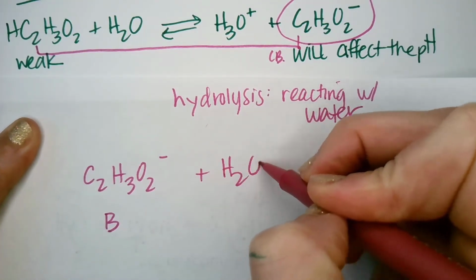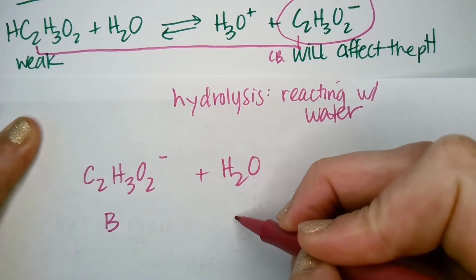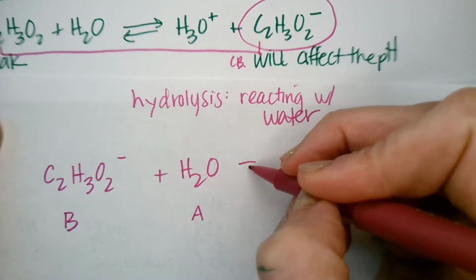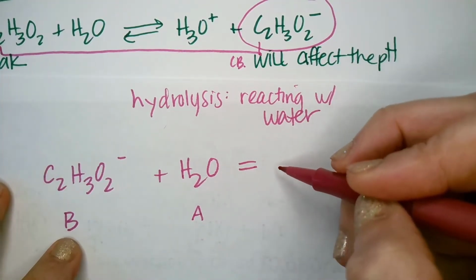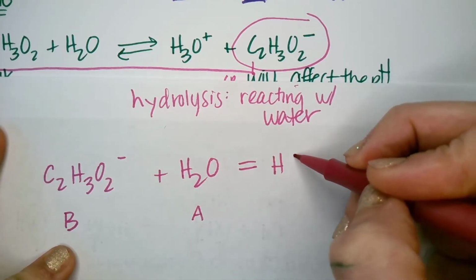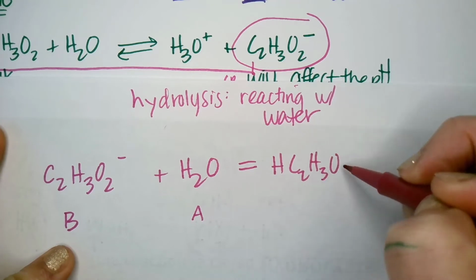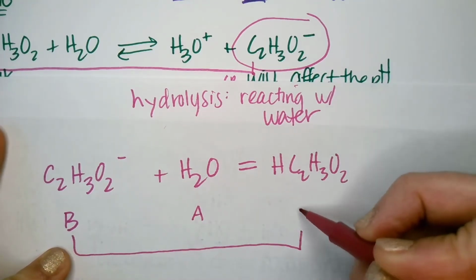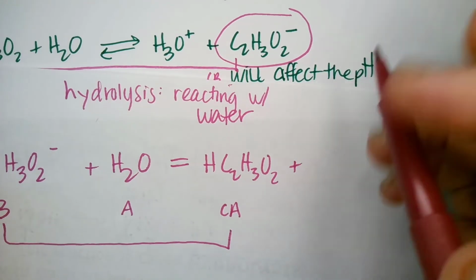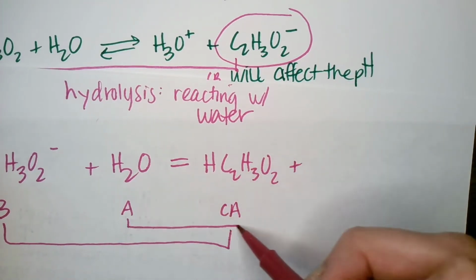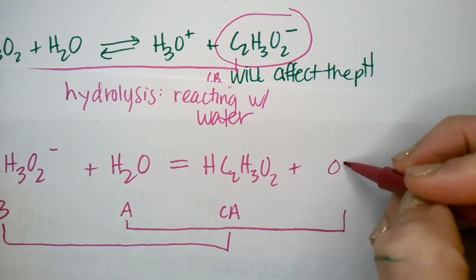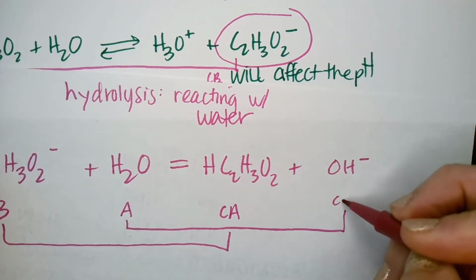C2H3O2 minus. So we have our base with water. So therefore the water in this instance is our acid. We're setting up an equilibrium. Let's form our conjugate acid, HC2H3O2. So this is my conjugate acid plus the conjugate base of water, right?